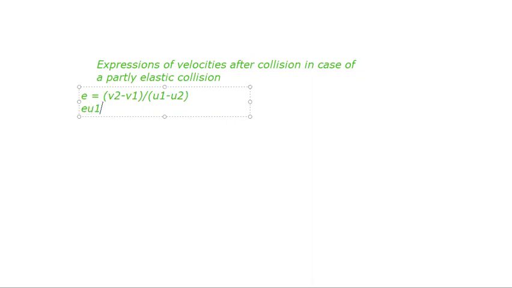From this, we can find that e(u1 minus u2) is equal to v2 minus v1. This is one of our equations.